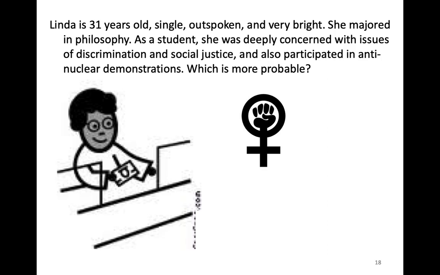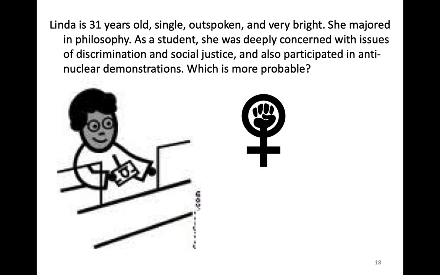All right. So as the first example, I'll start you with this problem. Linda is 31 years old, single, outspoken, and very bright. She majored in philosophy. As a student, she was deeply concerned with issues of discrimination and social justice, and also participated in anti-nuclear demonstrations.